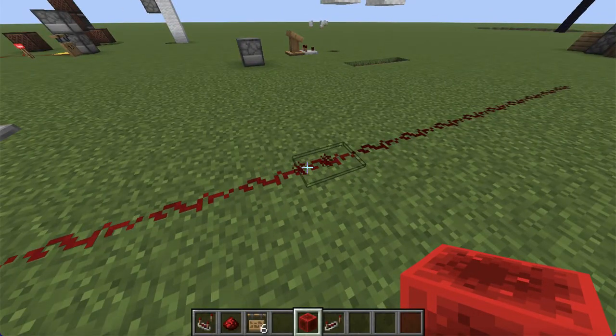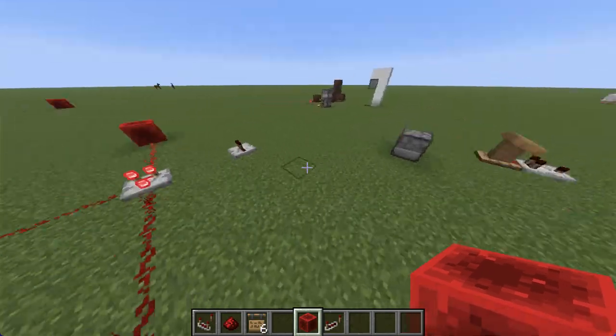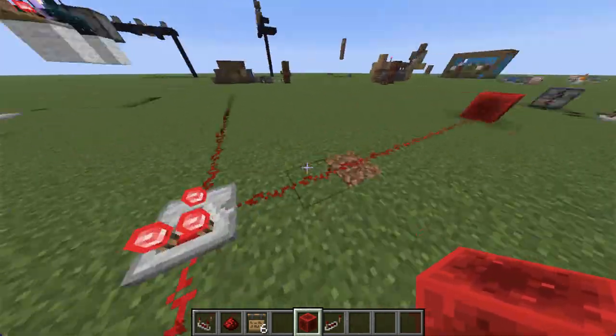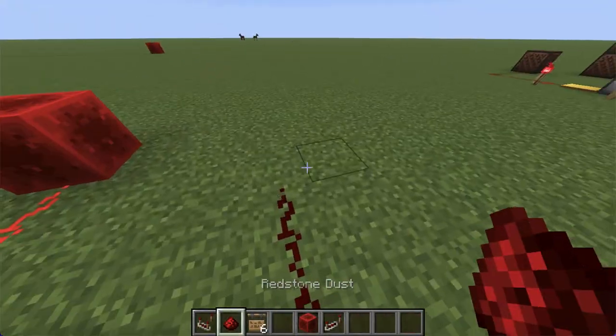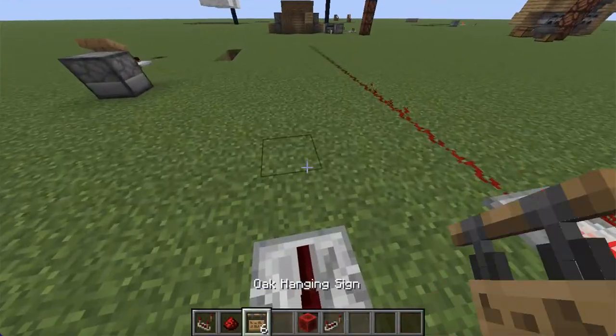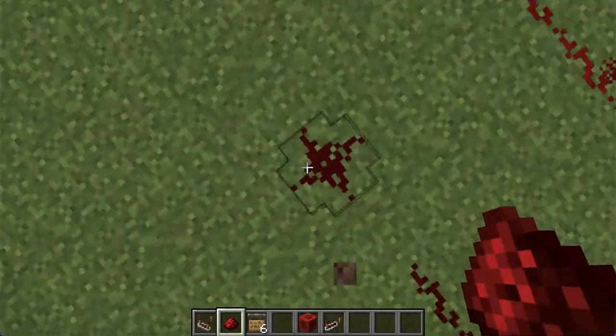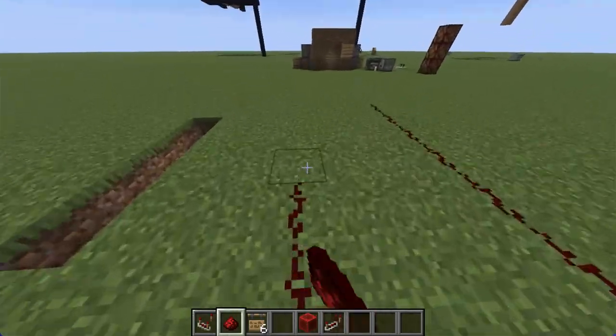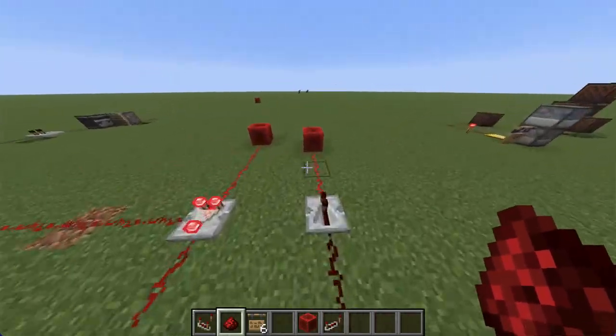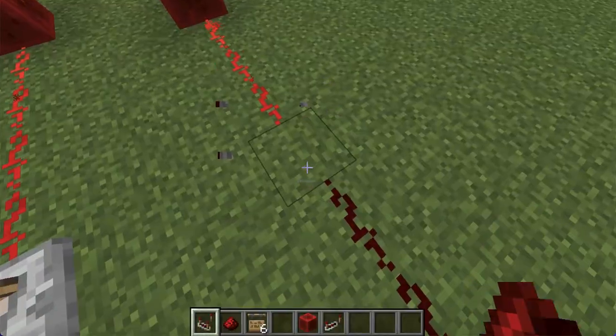That makes so much sense. Okay, I'm really happy we solved that. Now, how does this differ to a repeater? No matter what signal you give this, it'll just input a full 15. That's the wrong way around.